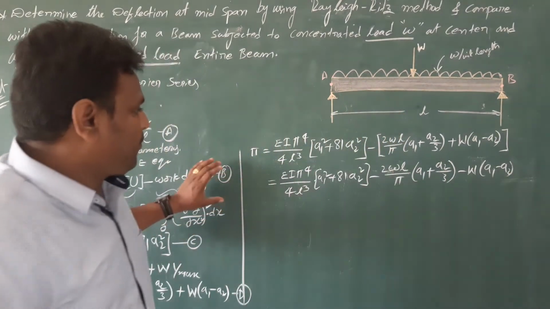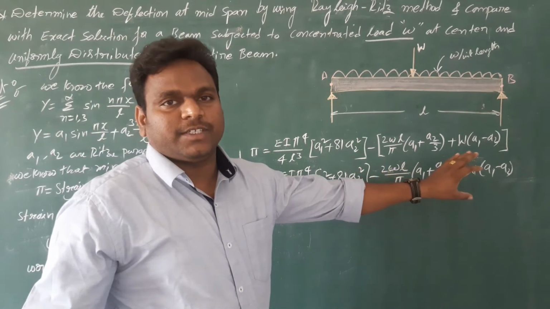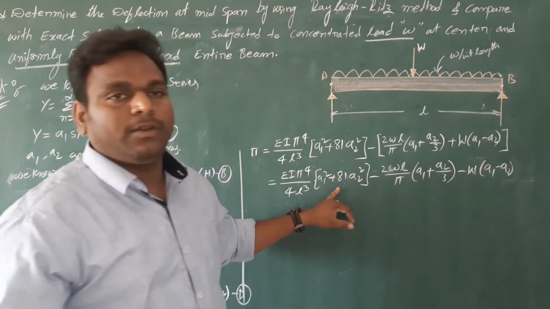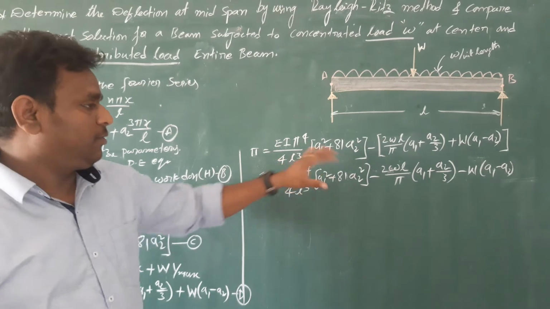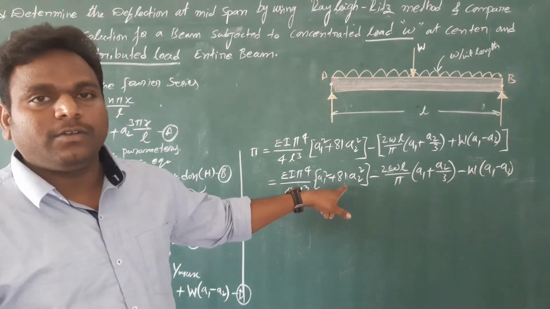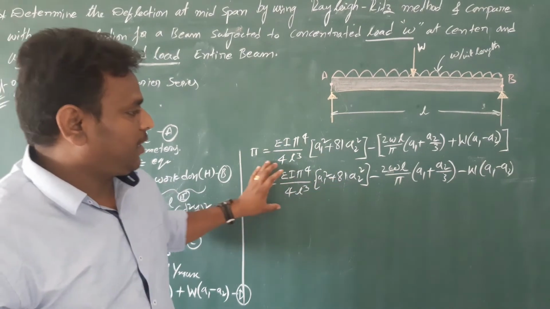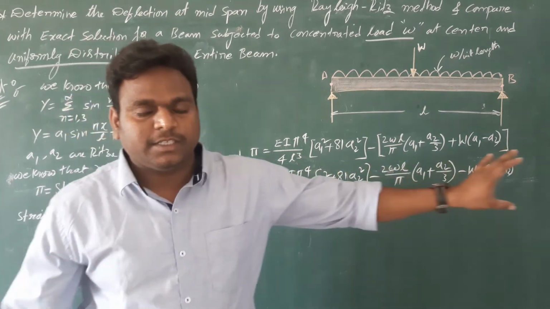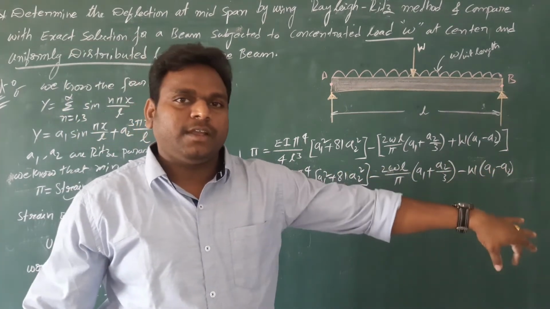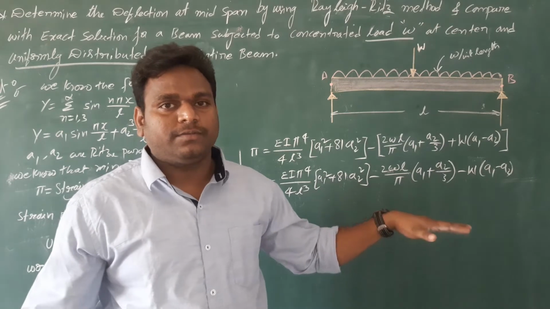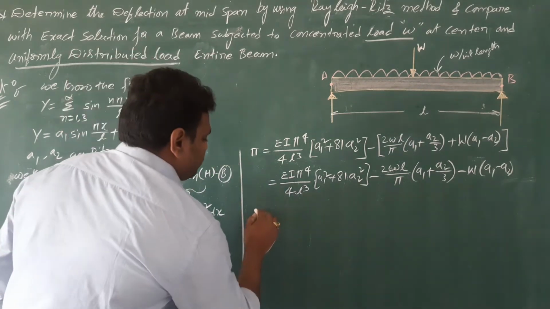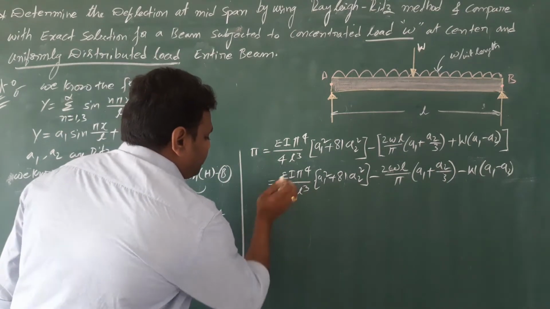Differentiate this entire equation with respect to A1 and equate to 0 to get the A1 value, and differentiate with respect to A2 and equate to 0 to get the A2 value.